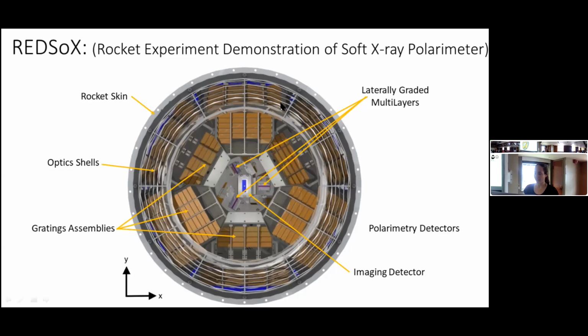Each one of these mirrors, which are the laterally graded multilayers, has 2 banks of gratings that feed it. So like these 2 feed this guy over here that are sort of aligned with it. So you have 6 banks of gratings, 3 multilayer mirrors, and each of these multilayer mirrors has a little CCD associated with it down here. And there's also an imaging detector in the center.